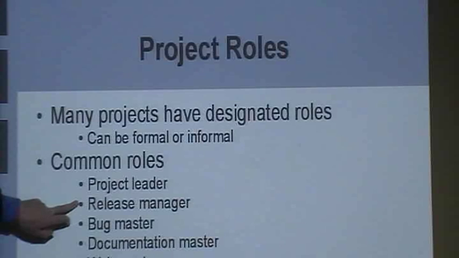So the release manager's job is to get the release out, actually do the releases, announce the releases, that sort of thing. The bug master is often somebody who's in charge of the bug tracking system, making sure that every bug that comes in is assigned to a developer, and that if a bug hasn't been looked after for a while, they go and ask the developer who's supposed to be working on it, are they able to work on it?